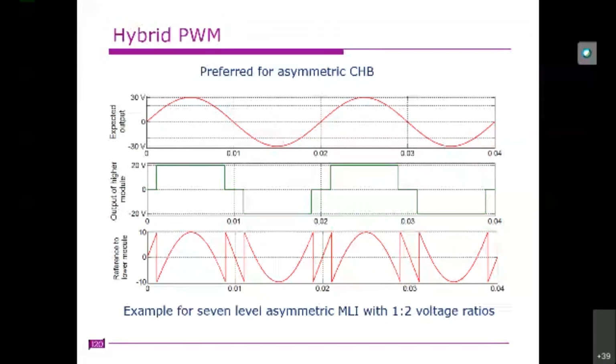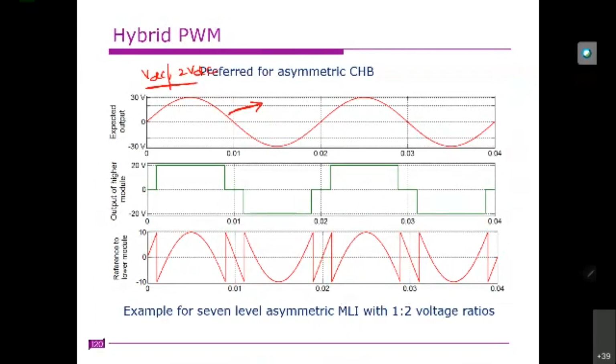This is the output voltage that you require, or this is the modulating signal. As already discussed, this modulating signal is supposed to control VDC and 2 VDC. That means we need to control 2 H bridges with this modulating signal.